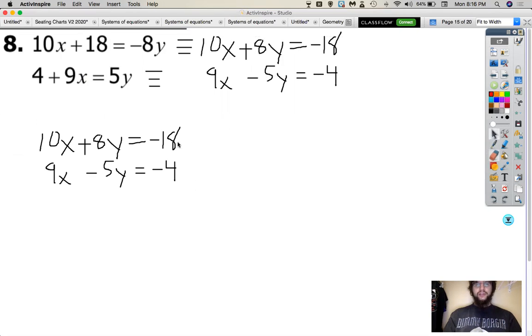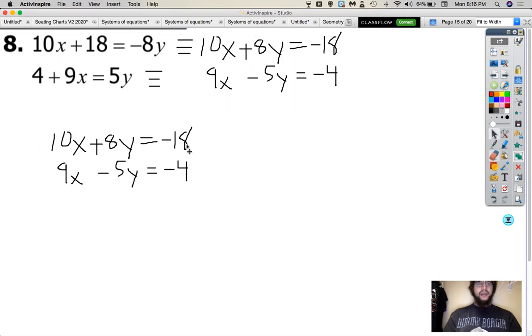So just like the previous one, I'm going to multiply the top and the bottom equation. 10 and 9 or 8 and 5? Well, those are smaller numbers. I'm going to use those. That one's positive, that one's negative, so I don't need to multiply by any negatives. They're already opposite signs. We're good. Multiply this equation by 5, that equation by 8. Again, this is not proper notation, but you should understand what it means.